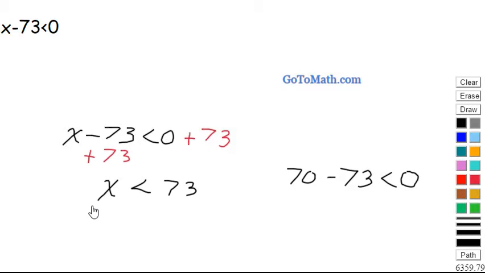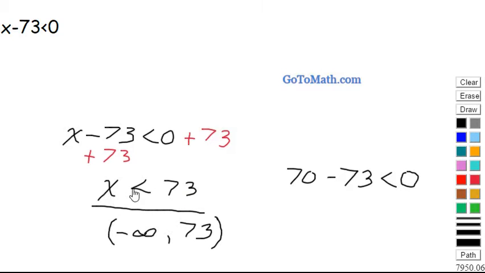Okay, so this is the solution set, and another way of writing this is like this. This is negative infinity, and this would be 73, and we want to make sure we put a parenthesis right here, because a parenthesis means we don't include the 73, and that is because there's not a line under here saying this could be x is less than or equal to 73.